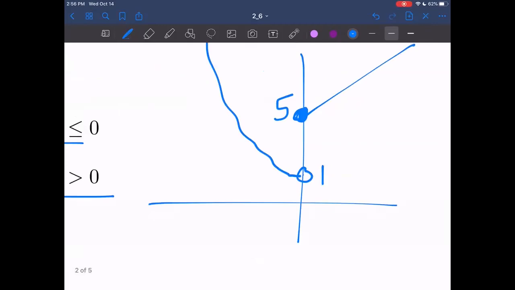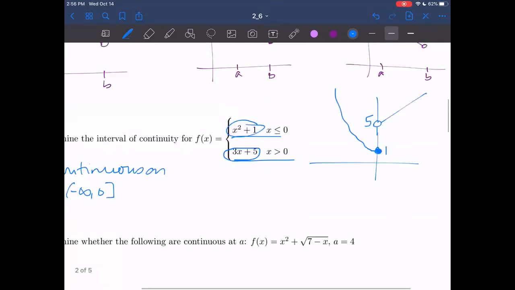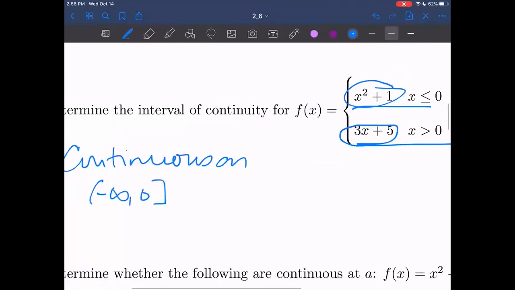My graph is wrong. This should be a closed circle down here. This should be an open circle up here. But we're continuous on that interval from negative infinity to 0, and it can be continuous on 0 to infinity.